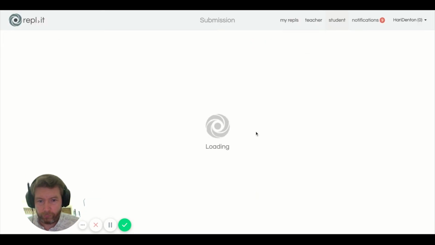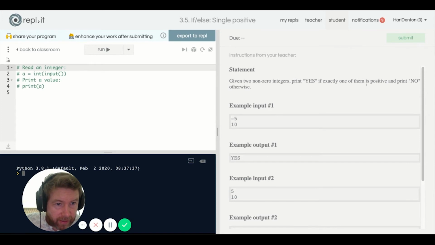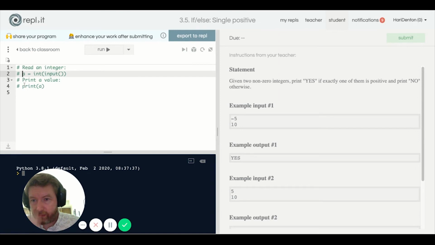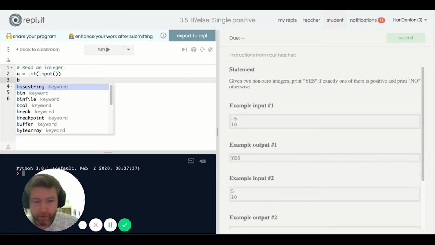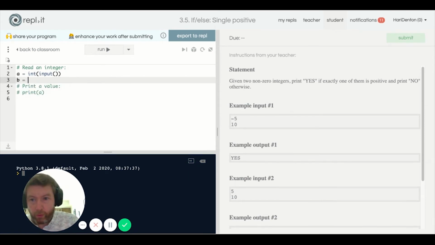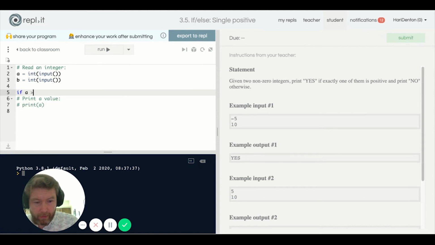Given two non-zero integers, print yes if exactly one of them is positive and print no otherwise. So if, okay, so we've got to get A and B. If A and B are both, what is it? Oh no, if A is positive and B is negative, or the other way around. Right? Okay, so wait a second. So if A is greater than 0 and B is less than or equal to 0.